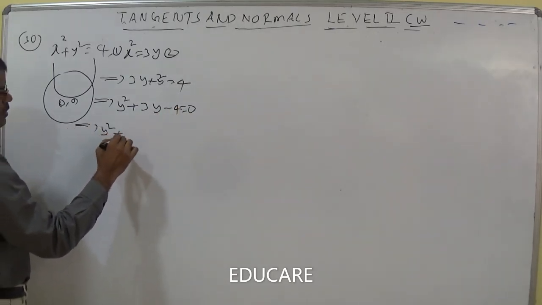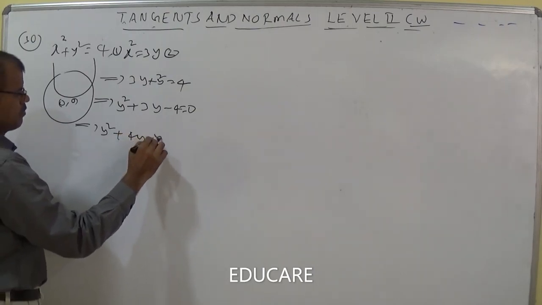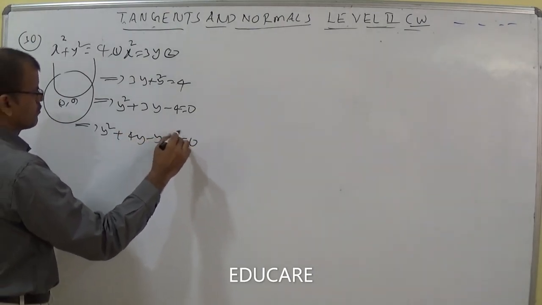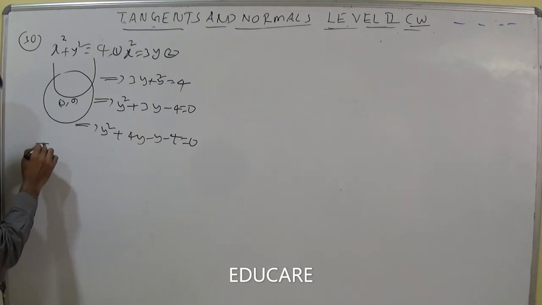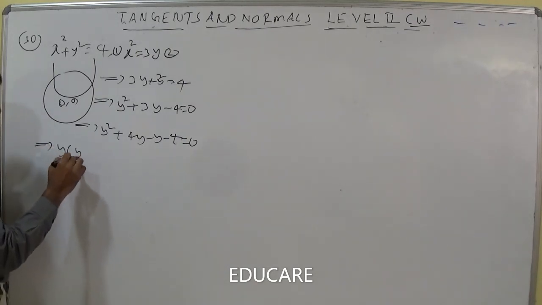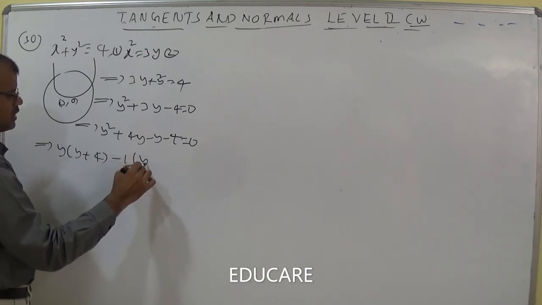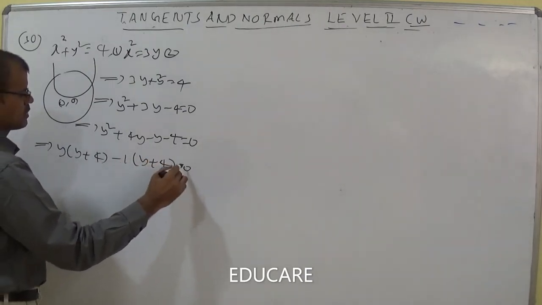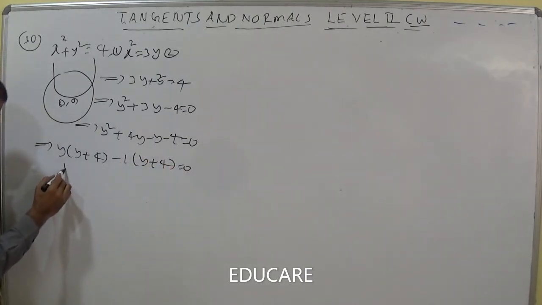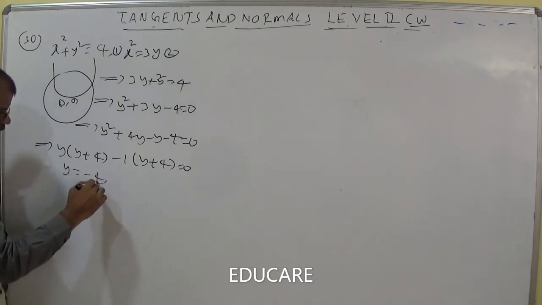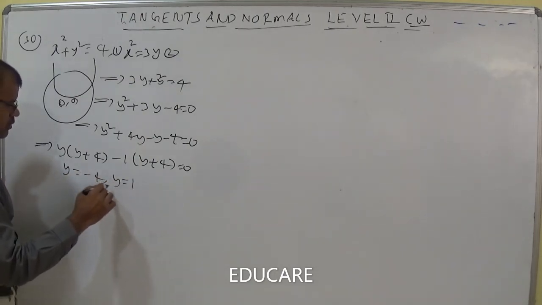Y square plus 4y minus y minus 4 equal to 0. Taking y common, (y plus 4) into (y minus 1) equal to 0. Therefore, y is equal to minus 4 and y equal to 1.